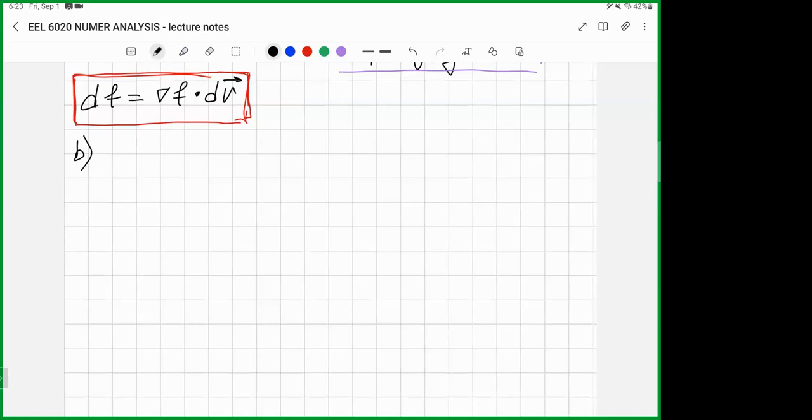So the second property, an important one, states that the gradient is orthogonal to the level surface of the field.